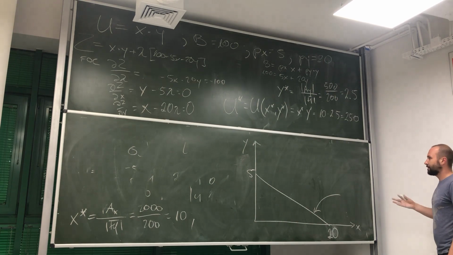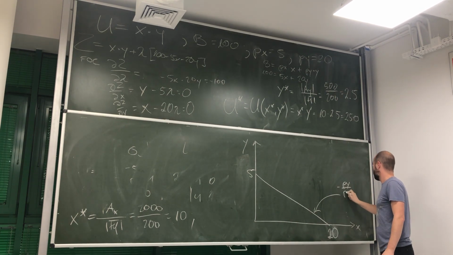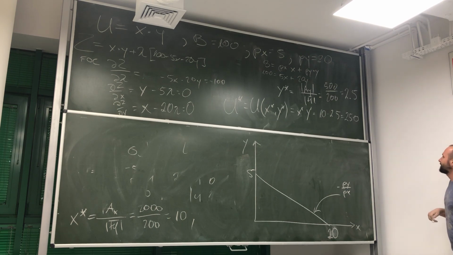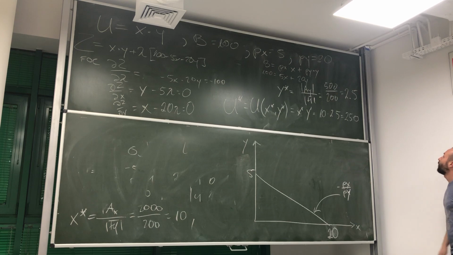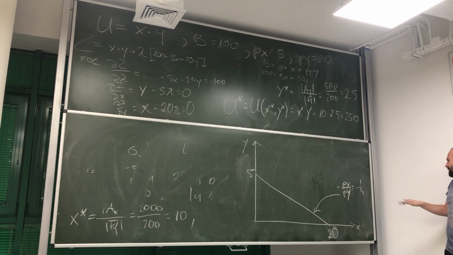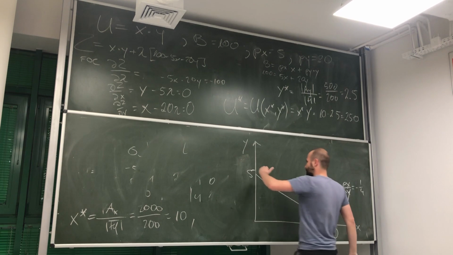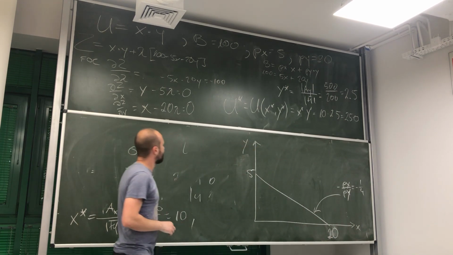It is negative px over py. px is 5, py is 20, so negative 1 over 4. It makes perfect sense: here we've got 5, here we've got 20, it should look like this.